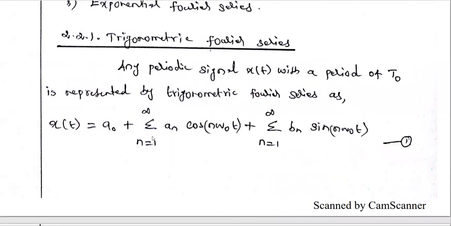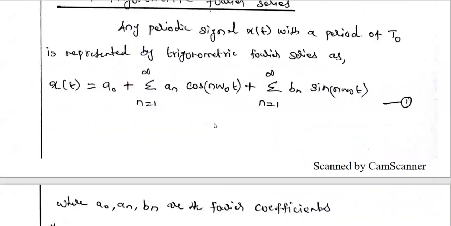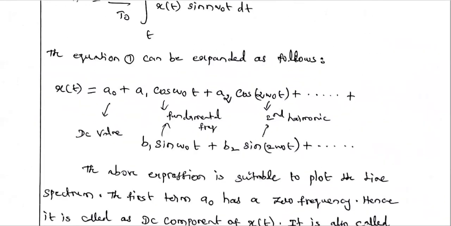First we substitute n equal to 1: a1 cos omega naught t, plus n equal to 2 means a2 cos 2 omega naught t. So x of t equal to a naught plus a1 cos omega naught t plus a2 cos 2 omega naught t plus etc. Similarly, in the third term, expanding, b1 sin omega naught t plus b2 sin 2 omega naught t etc. So this representation is called the trigonometric Fourier series.